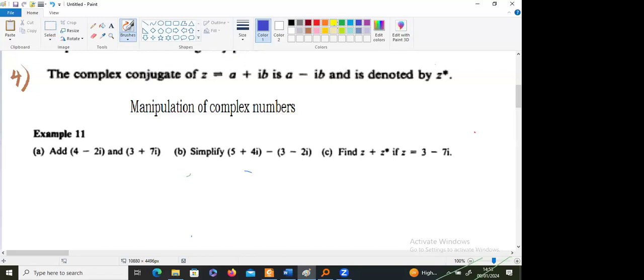Are you done? Part A, what is it saying? You are having 4 minus 2i, and to it, you are adding 3 plus 7i. I think there are answers in the chat. I can see the chat giving me values. Okay, very good.